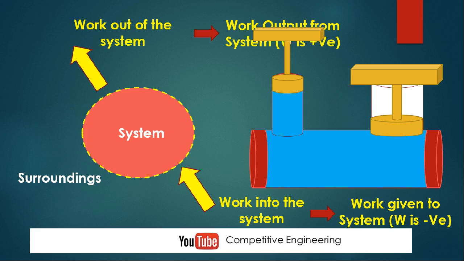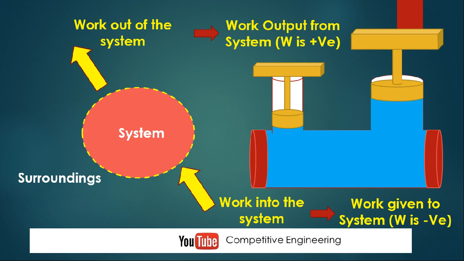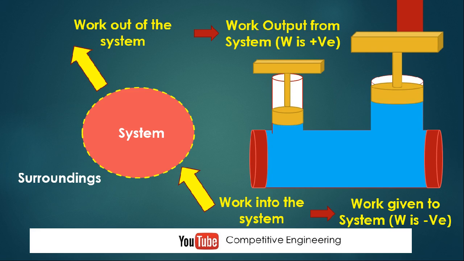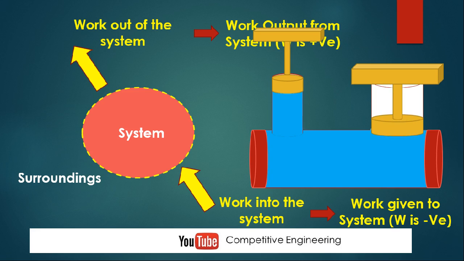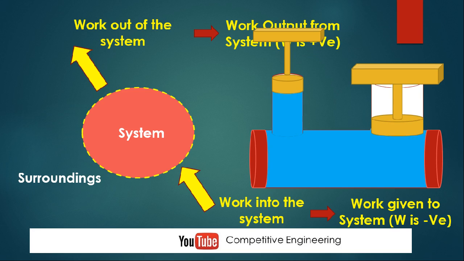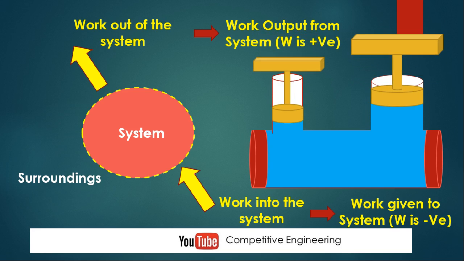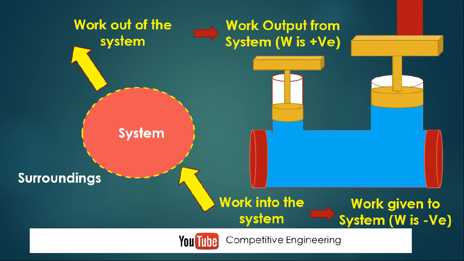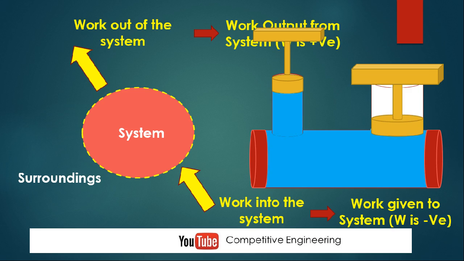Okay, so let us see what happens. When I am applying the force, the piston will go down. So the fluid will pressurize on the right side, and the right side piston will move up. So if I am keeping some body on the right side piston top, the body will rise up.